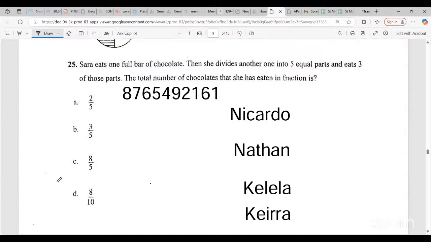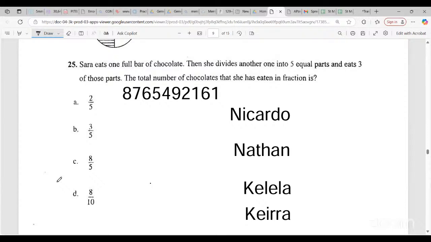No, sir, I think it's B, sir. I think it's 3/5. Yes, sir, because if they divide another one into 5, you'd have 6 and you subtract 3 from 6, that leaves 3/5. Okay. Thanks so much. Kelila, your time.